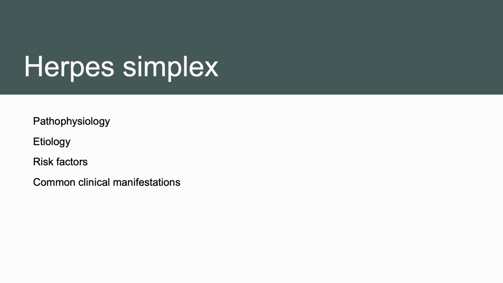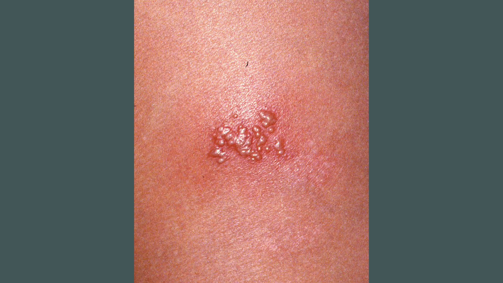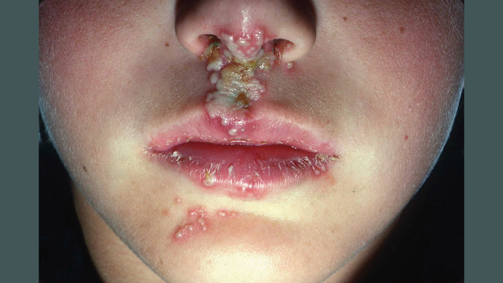Vesicles can rupture, forming ulcers that crust over. So here we see the classic grouped vesicles on an erythematous base. Here is a more extensive involvement of the orofacial area involving pustules.